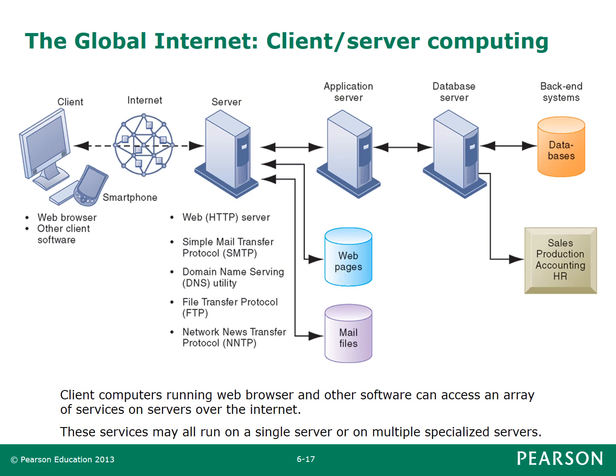And the response goes back from the database files to the database server, and from the database server to the application server to the organization server, and then over the internet to the customer at home with the response.